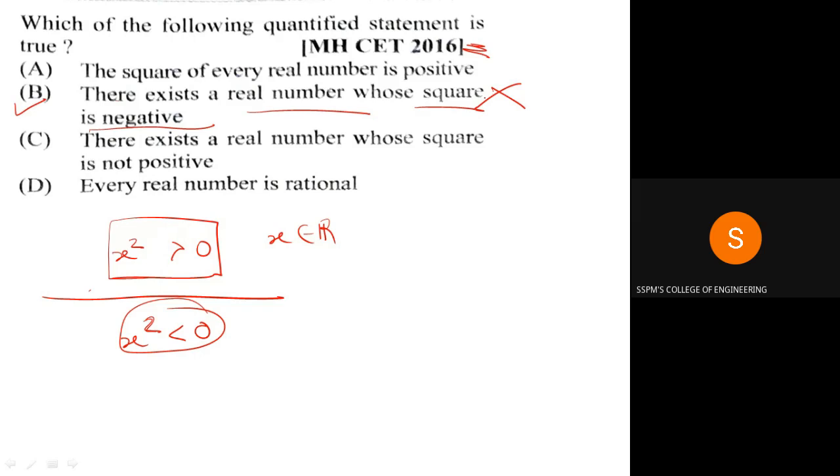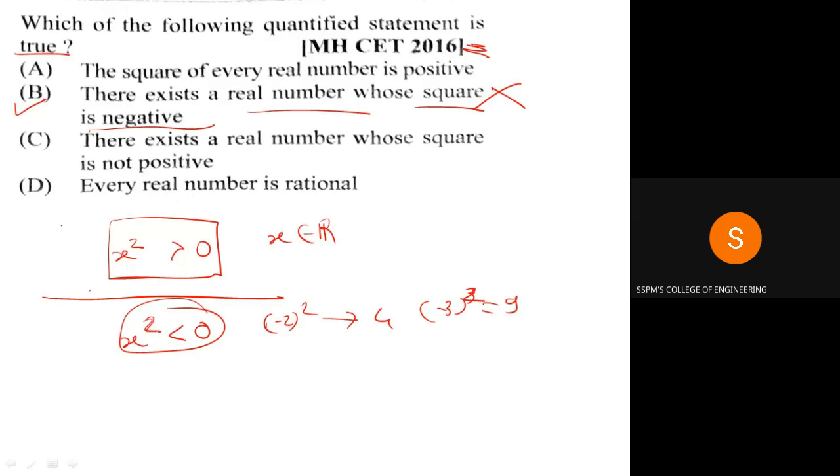This cannot be true. We have to find which one is true. Even if you take -2, for example, the square of -2 is 4. Or even if you take -3 or any other negative number, the square is always positive. It cannot be negative.